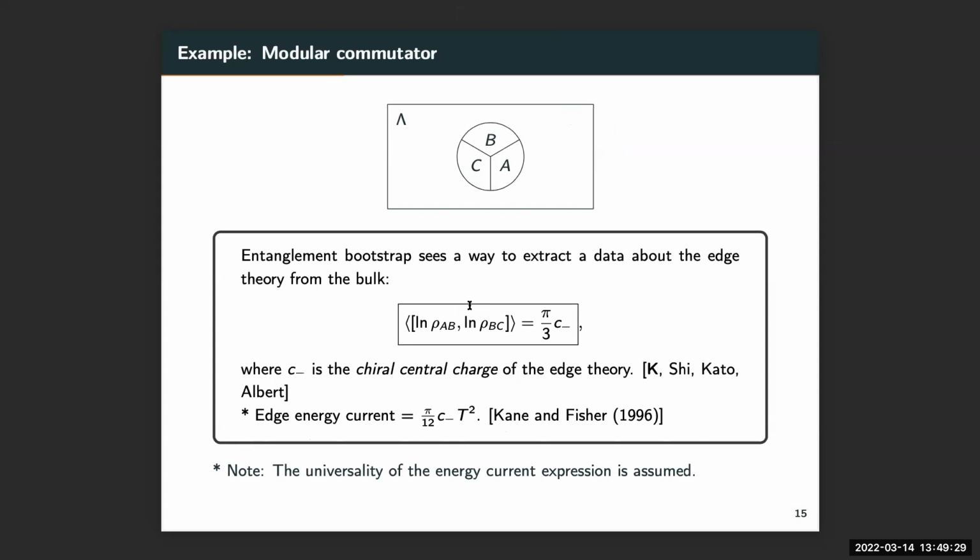The third example is the following. Imagine you have a 2D gapped system with, let's say, a chiral edge theory. Let C minus be the chiral central charge of the edge theory. Then there's a bulk formula that extracts C minus, not just mod 8 or mod 24, but really honest-to-God C minus, where this quantity is an expectation value of certain commutators in the bulk.